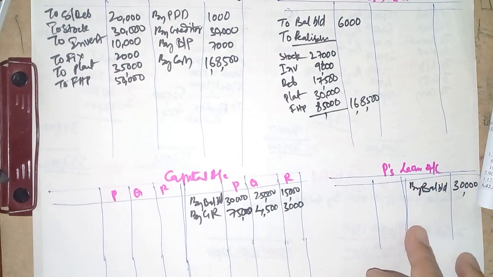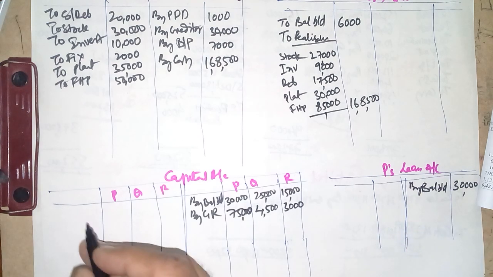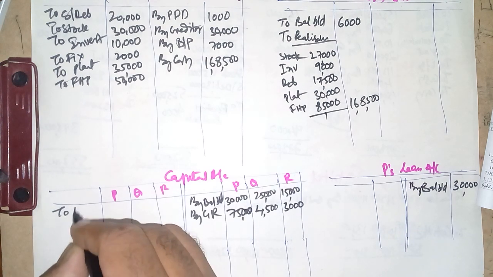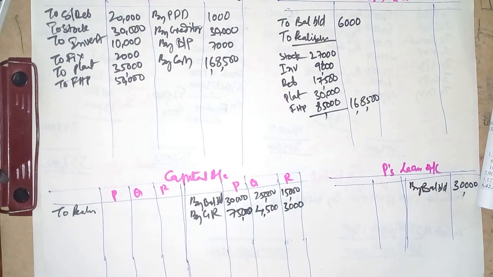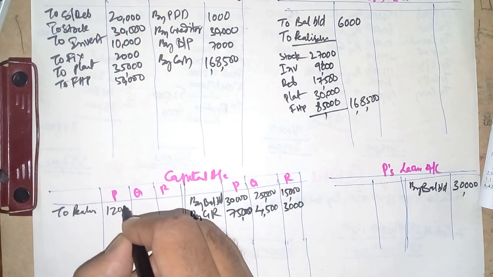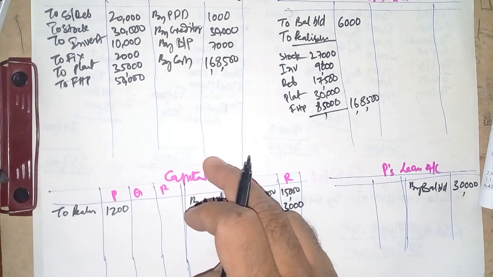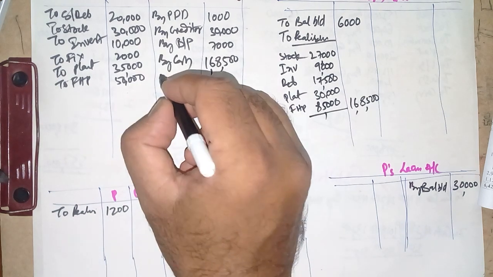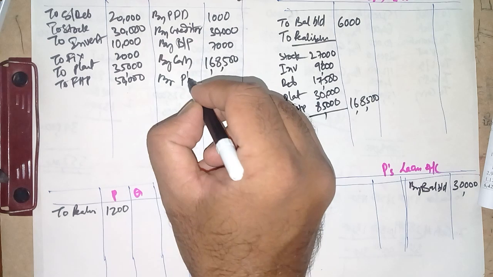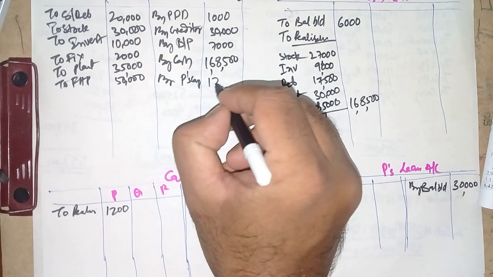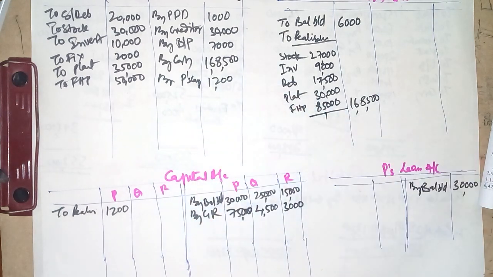Hence the entry would be partner's capital account to realization. In partner's capital we write to realization, taken over by P at 1,200, in P's column. In realization we write by P's capital, 1,200.